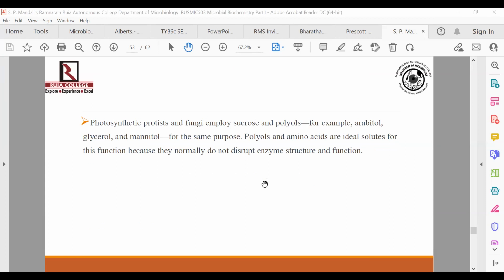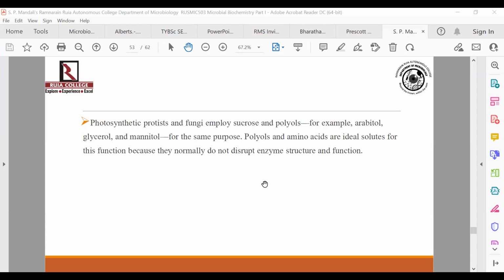It's just that what normal bacteria use may not be used as compatible solutes by protists and fungi. Polyols and amino acids are considered the best type of compatible solutes because they in no way will disrupt the structure and function of any protein or enzyme.